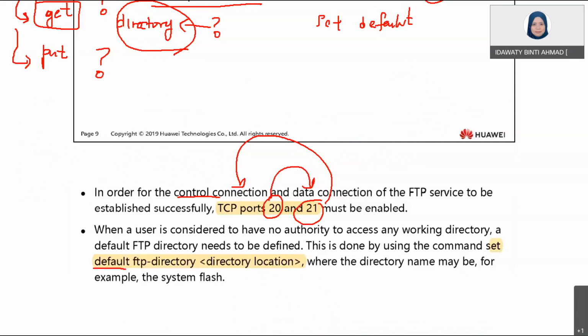You need to put this command, set default for FTP directory, and this is where you put the directory location. Normally in a Huawei router, for example, they are using flash. In the flash directory you put all the files that you already got or put with the commands just now. So I guess that's all. Thank you very much.